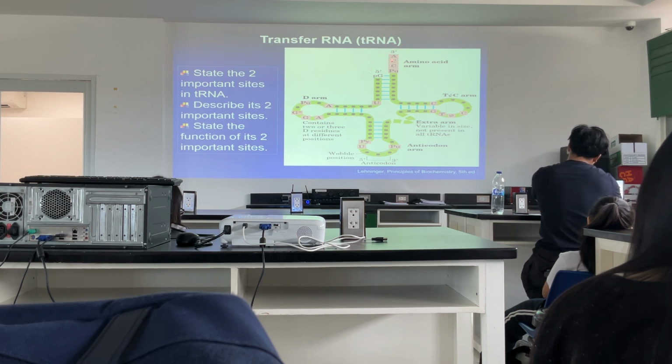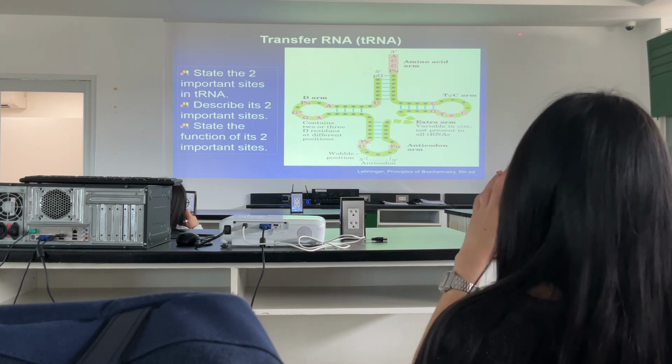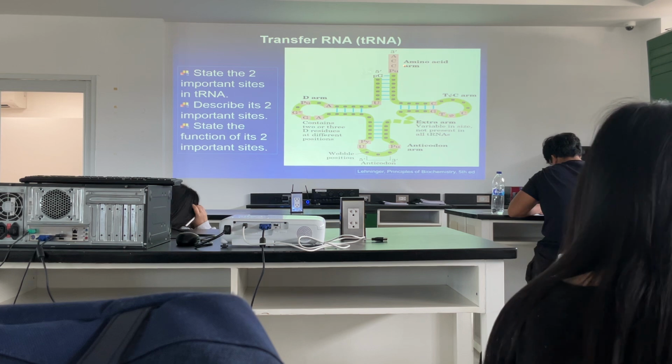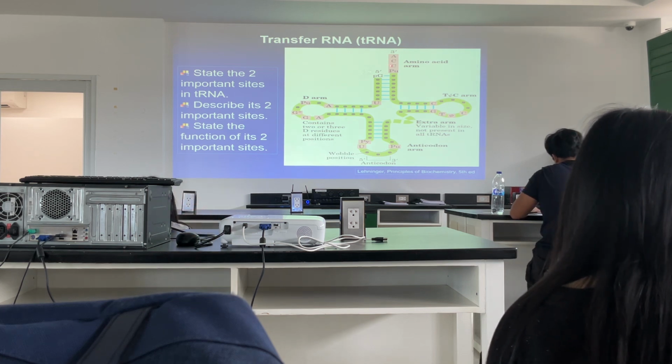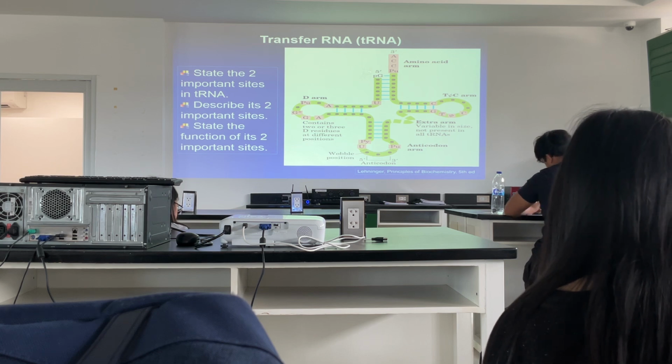This is to where the amino acid will bind, which tRNA will bring to the site of synthesis, your ribosome. And it is this amino acid that this tRNA will bring to the site of protein synthesis in the ribosome.